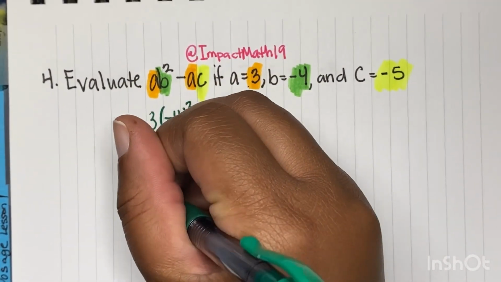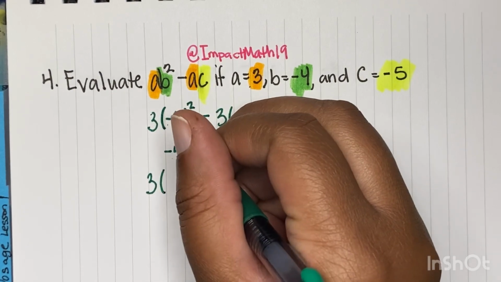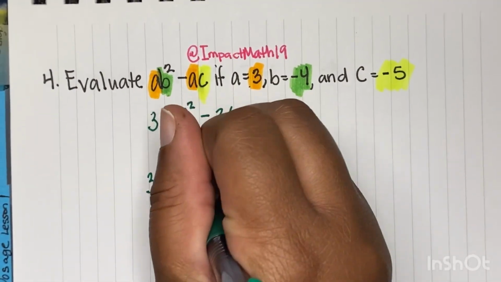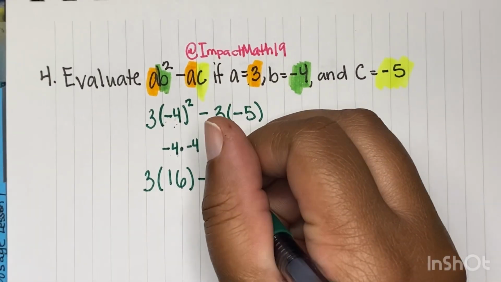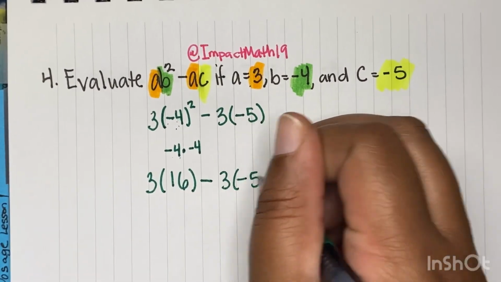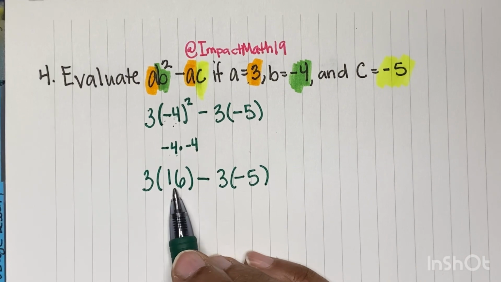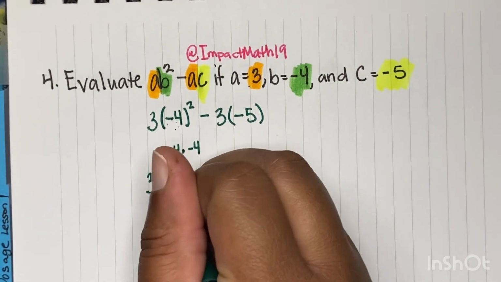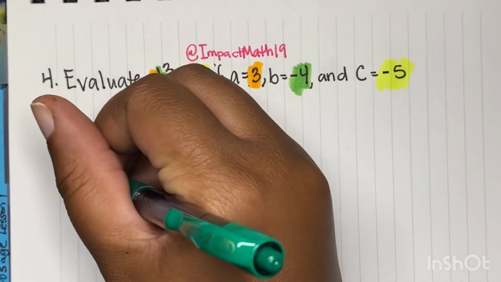So we get 3 times, a negative times a negative is always a positive. So 4 times 4 gives us 16, minus 3, drop everything else down. And then 16 times 3 is going to give us 48, I want to say. But let's just double check that.